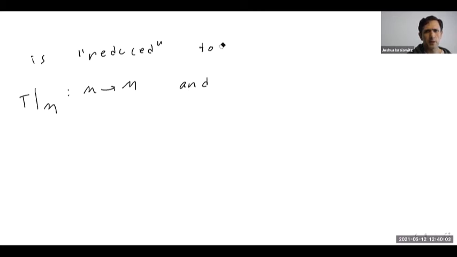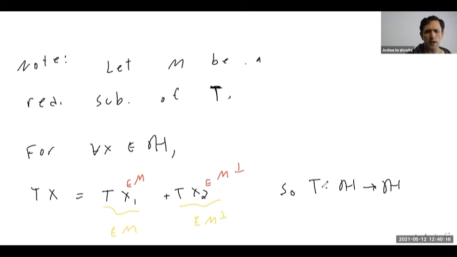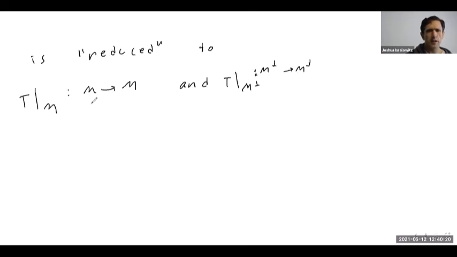Neater. Yeah, so that's the idea. The study of T is reduced basically to the study of T restricted to M, which takes M to M, and T restricted to M perp, which takes M perp to M perp. All right.